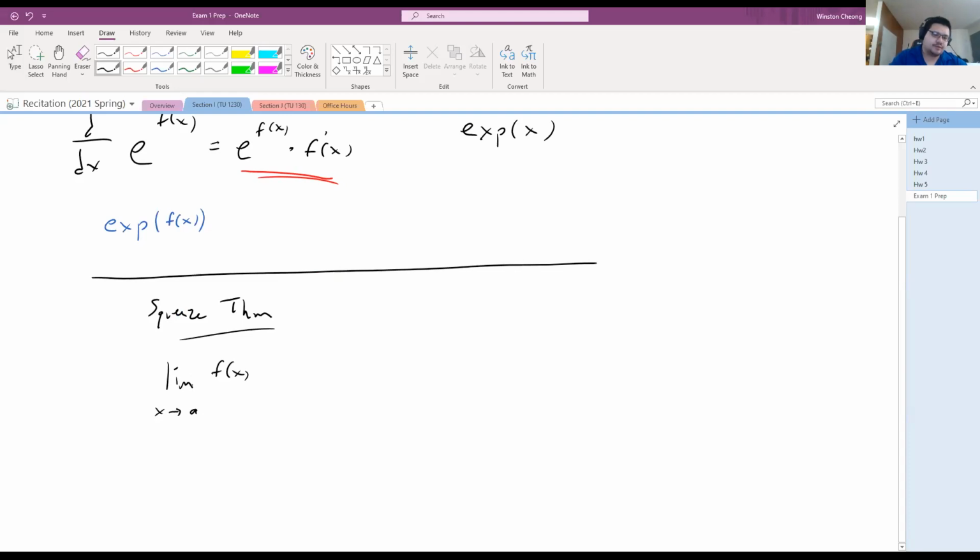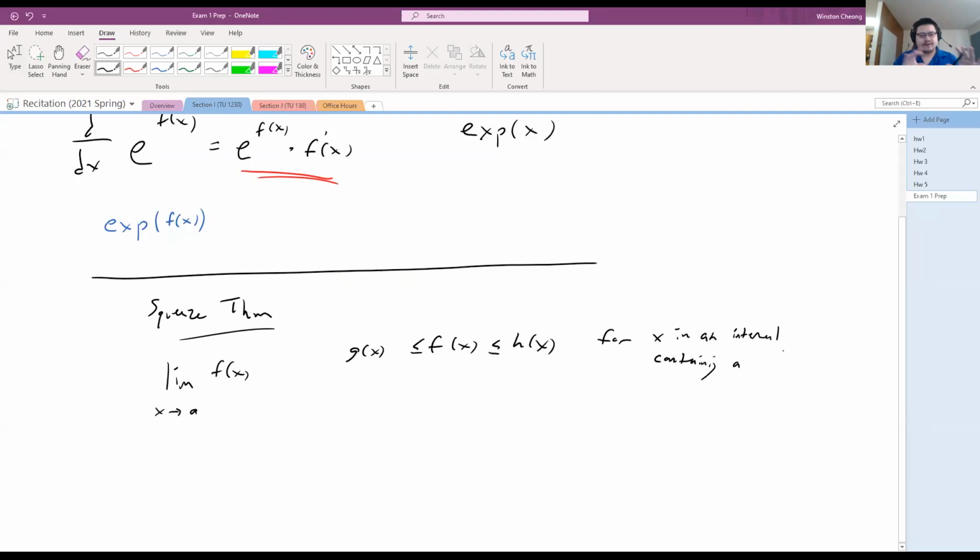The idea is you're given some limit and you want to evaluate this, but you have restrictions on what you're able to do with this limit. And if you have some information about the function, namely that it's bounded above and below by other functions, we'll use g and h, for x in an interval containing the number a that we're trying to take the limit to.